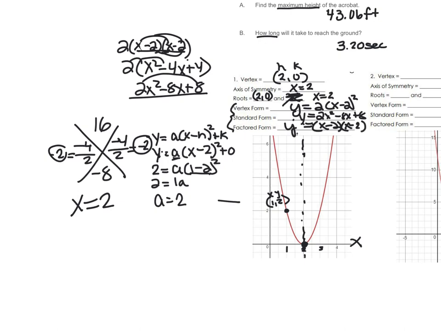So it's the same thing. And you say, well, where did that 2 go? Well, if you really think about it, it's the common factor, isn't it? The common factor of my standard form would be 2 times x squared minus 4x plus 4. And if you factor that, you get x minus 2. Okay.